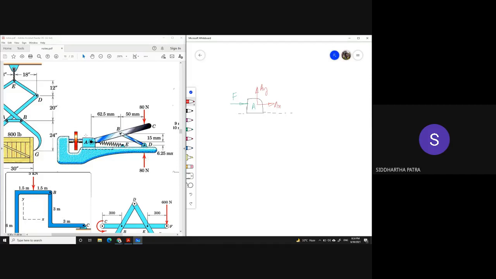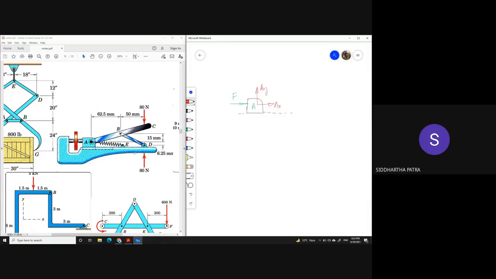So the forces that the block A deals with, this F right here and Ax and Ay, are all much higher compared to the spring force. Which basically means this Ax and Ay are practically coming from the member ABC.